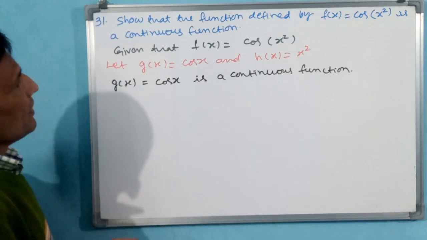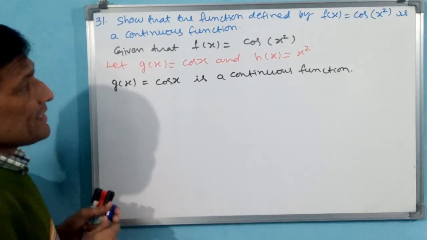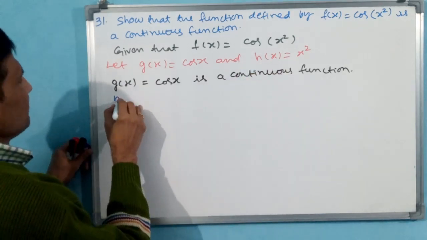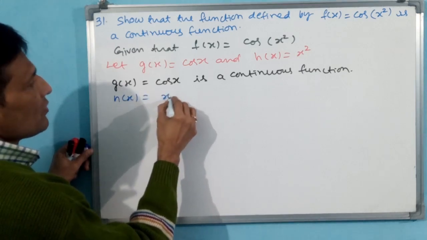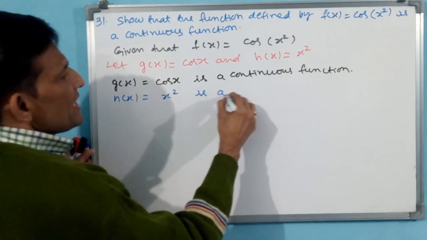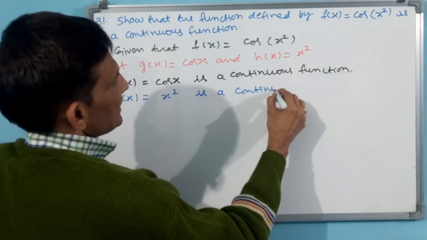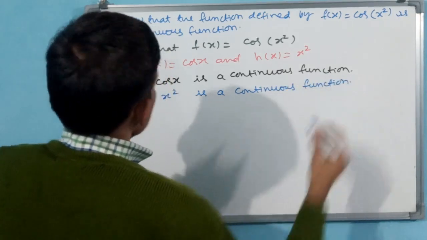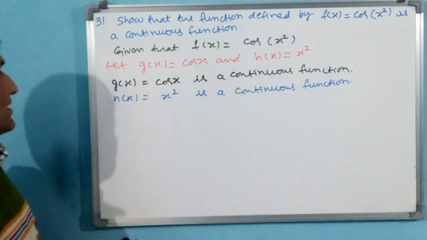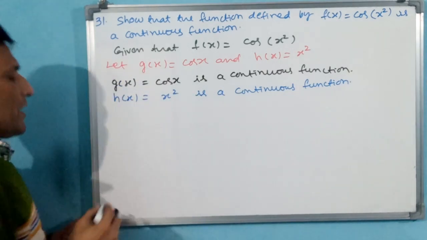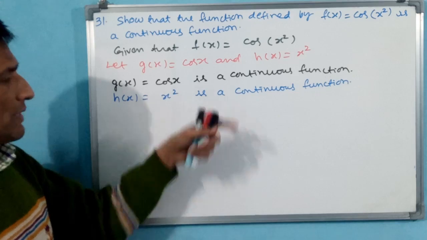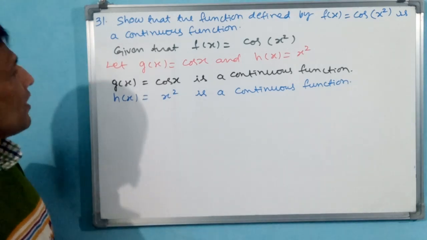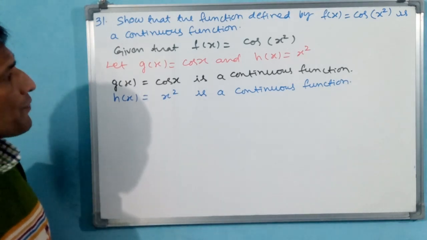Next, h of x is equal to x square is also a continuous function.